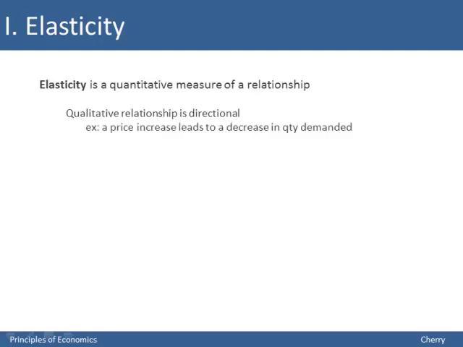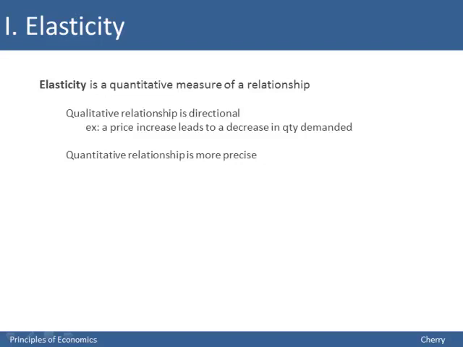So for instance, we've discussed a price increase leads to a decrease in quantity demanded, meaning that there's a negative relationship or an inverse relationship. A quantitative relationship is going to be more precise, and that's what elasticities allow us to do. It gives us a quantitative measure of that relationship.